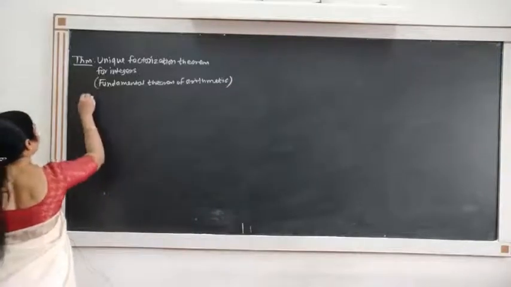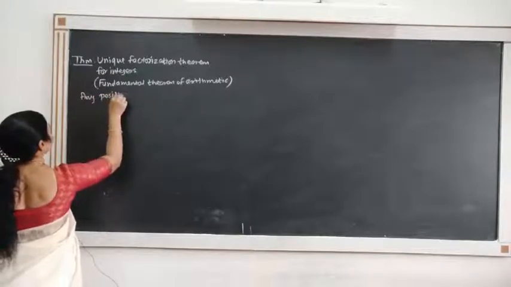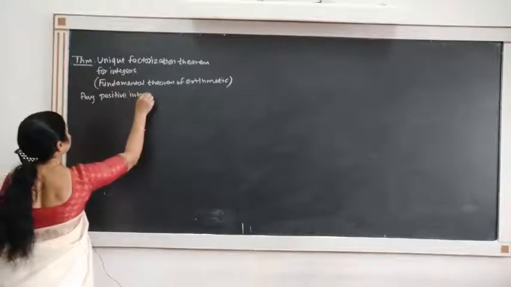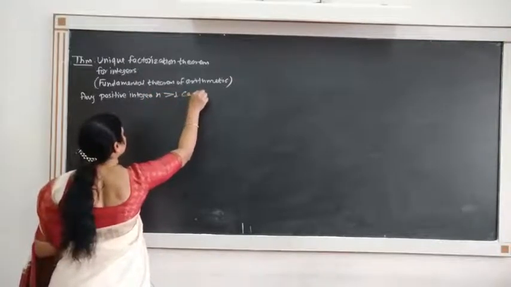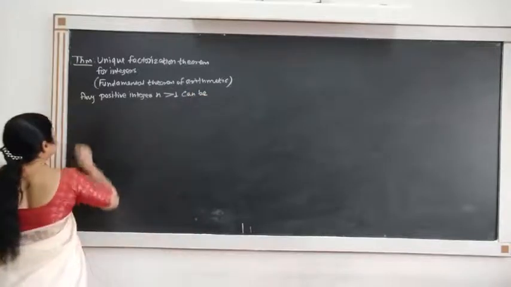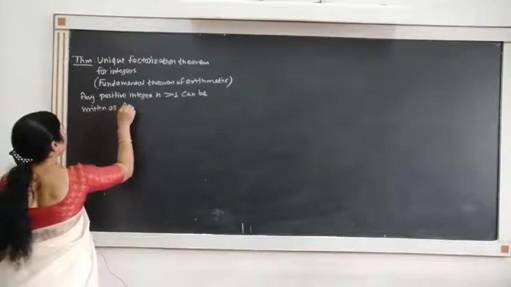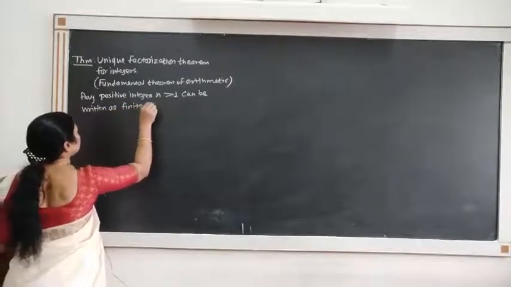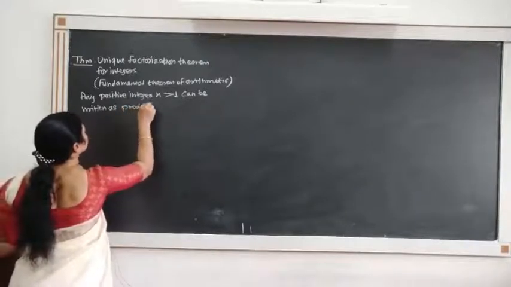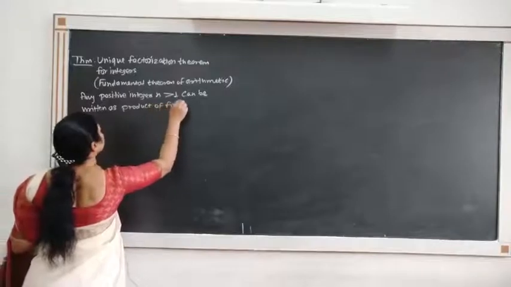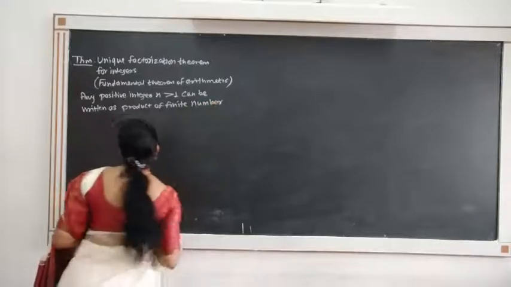So it states that any positive integer n greater than 1 can be written as a product of a finite number of primes.